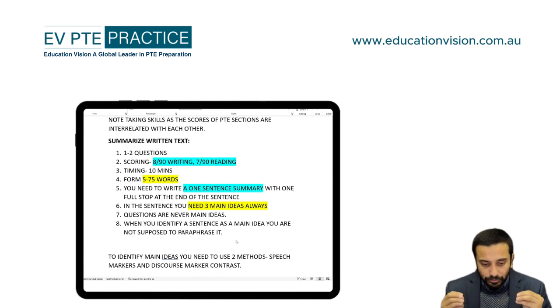Now, after going through these 8 points, the most important thing is, how do we get our main ideas and how do we write our summary? So the most important thing is how to identify main ideas. There are 2 methodologies that we have chosen to teach you, and these 2 work 100% of the times in the actual exam as well.